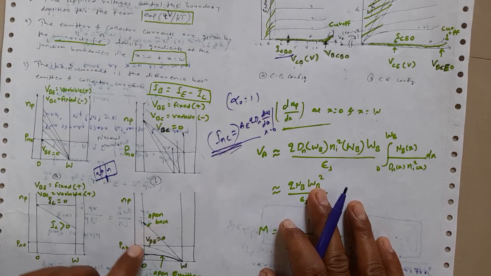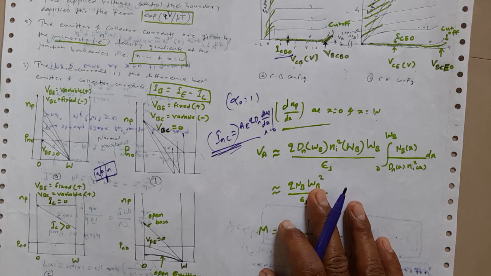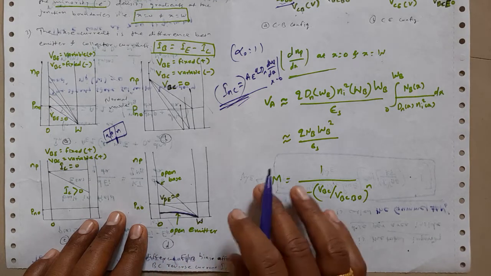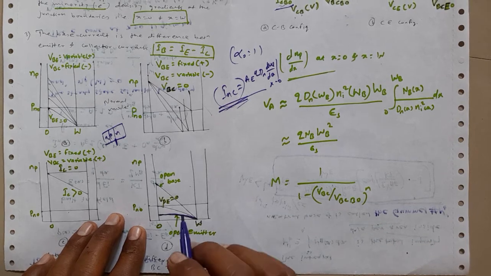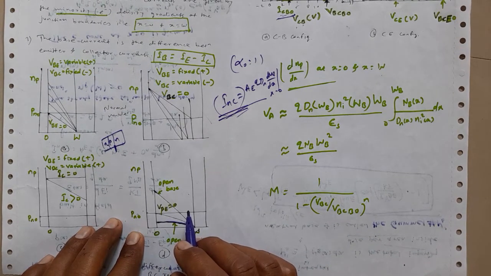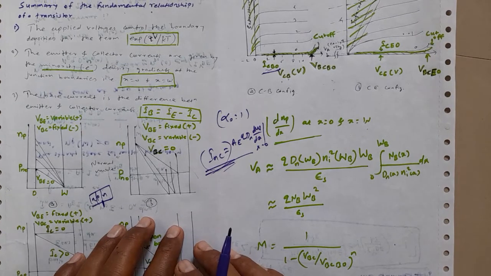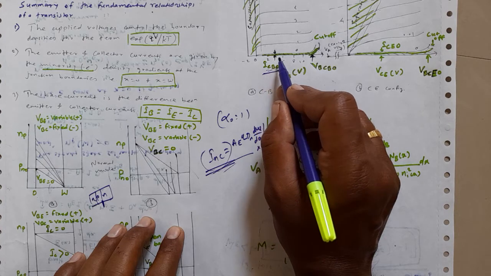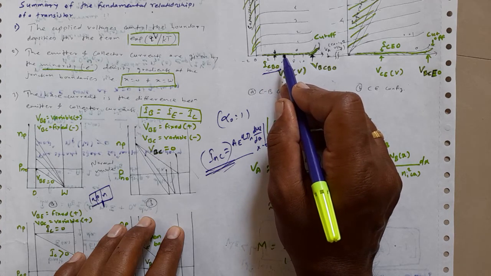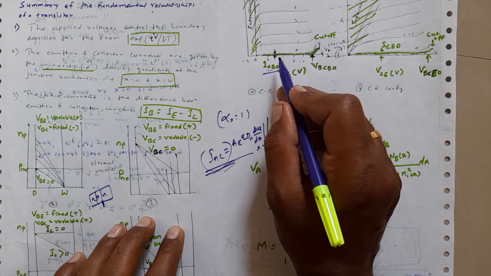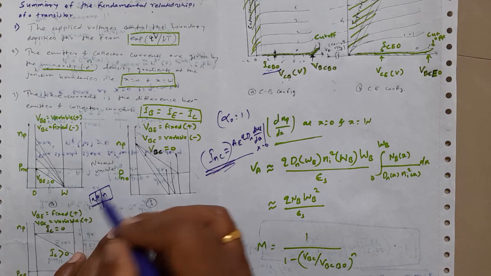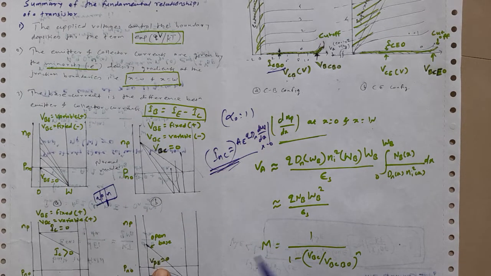So this is the open base, VBC becomes 0, and this is an open emitter, so such a curvature can be seen in this case. This current ICBO is smaller than when the emitter junction is short circuited, that is, VEB or VBE becomes 0.